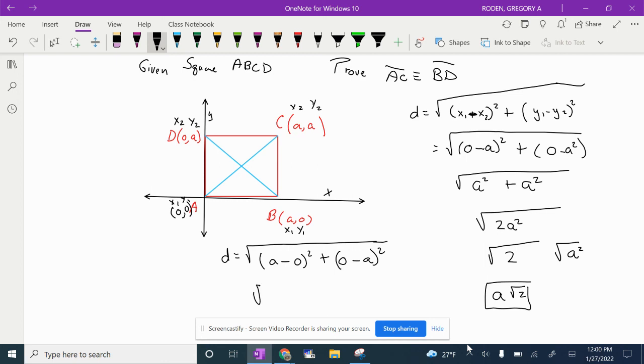And then do the math here. We're going to get a minus 0 is a, squared, we get a squared. 0 minus a is negative a, squared, we get a squared. We get the square root of 2a squared, which gives me a times the square root of 2. So they are equal to each other.